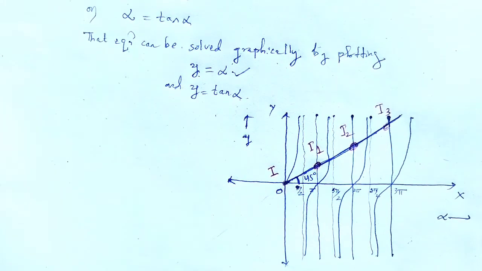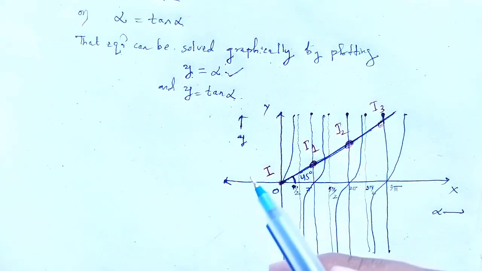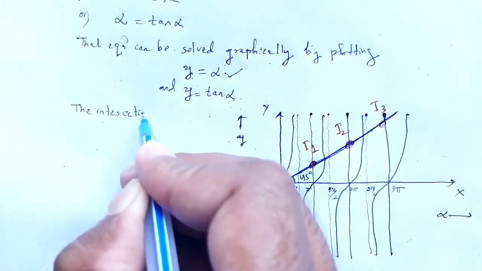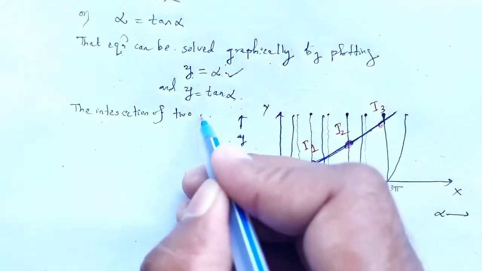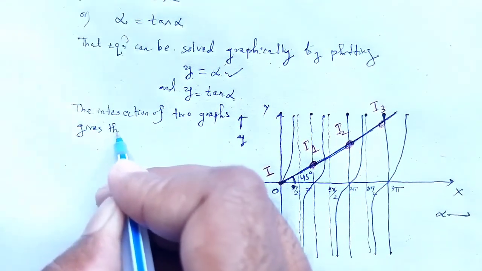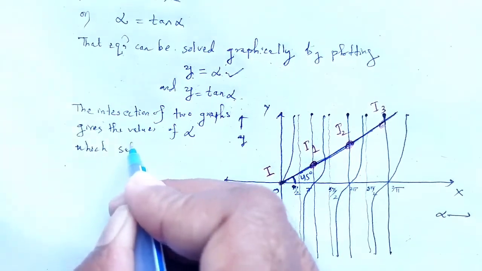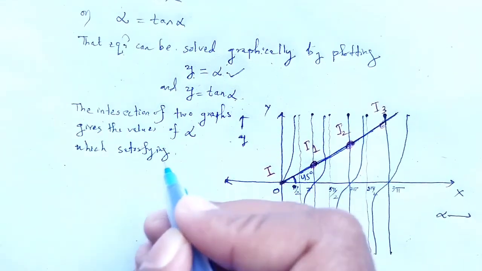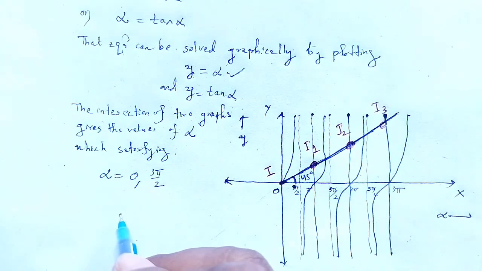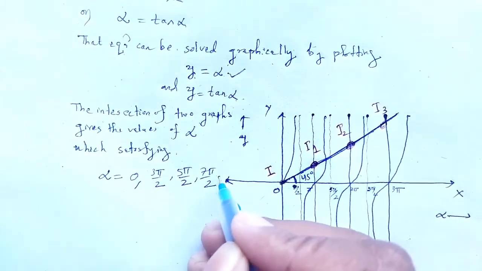So by solving these two equations graphically, the intersection of the two graphs gives the values of alpha which satisfy it: alpha is equal to 0, 3 pi by 2, 5 pi by 2, 7 pi by 2 and so on.